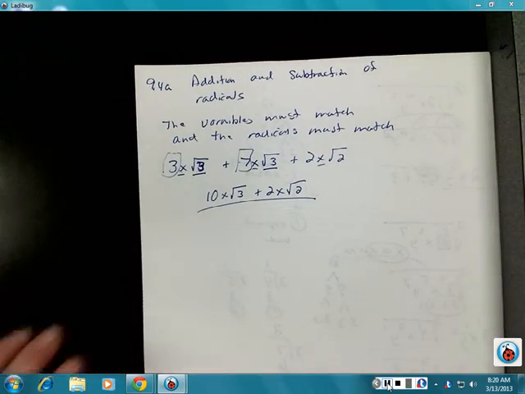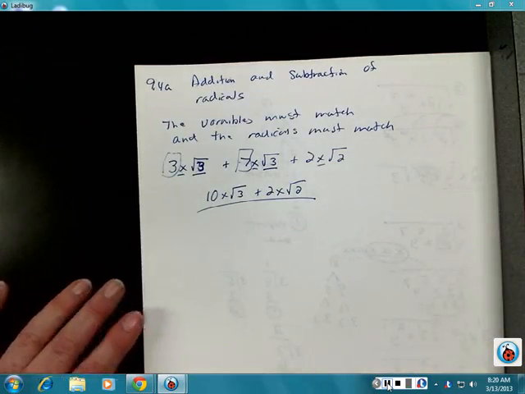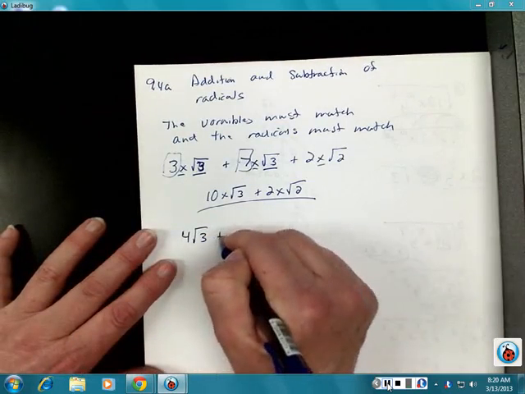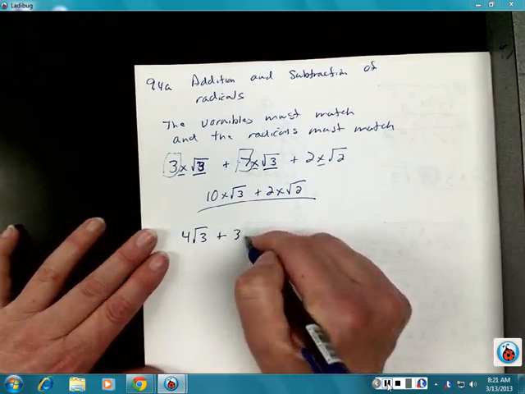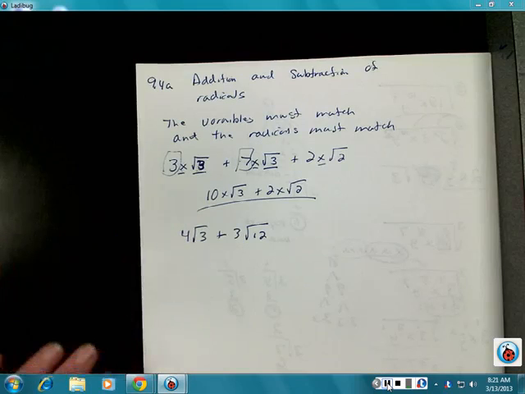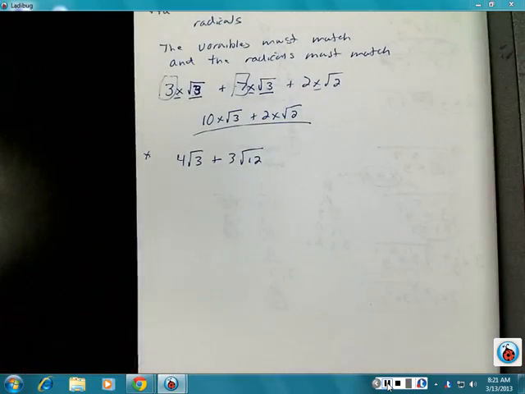But they don't always have them completely solved for you. That's where the problem comes in, because if we had 4 times the square root of 3 plus 3 times the square root of 12, that one doesn't match very well, does it? Because stuff doesn't end up looking the same.